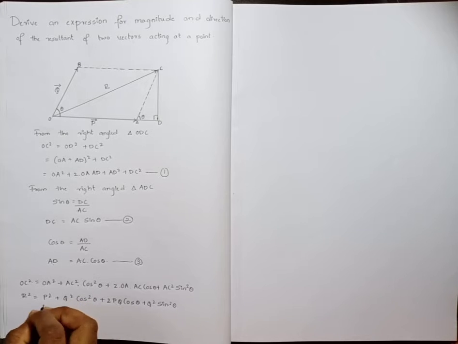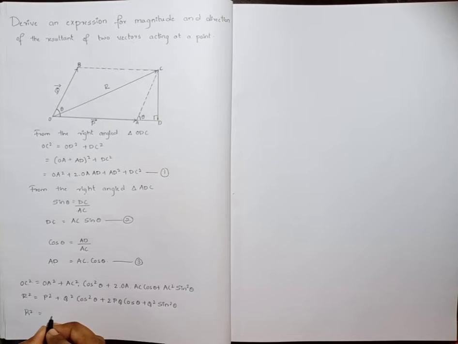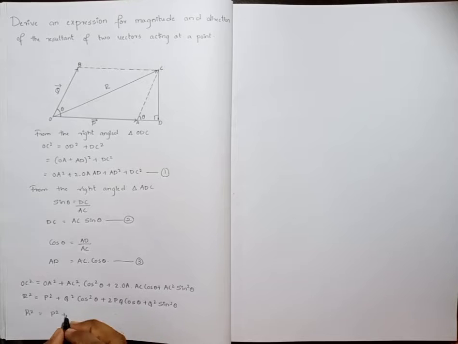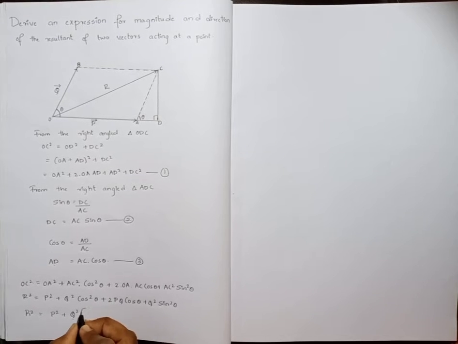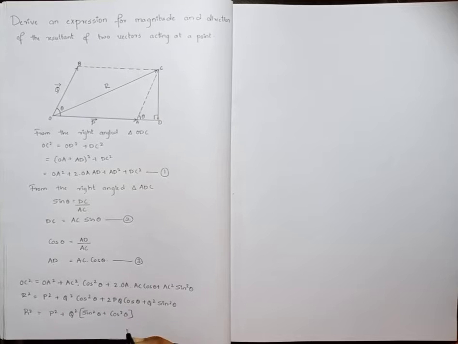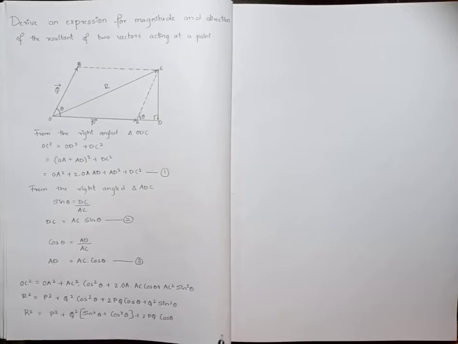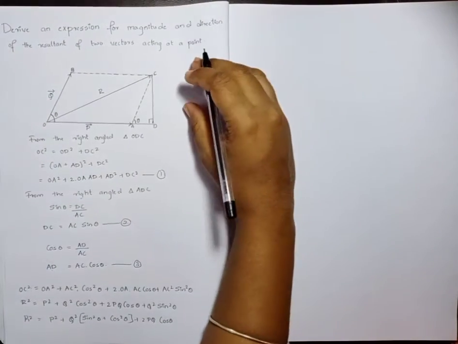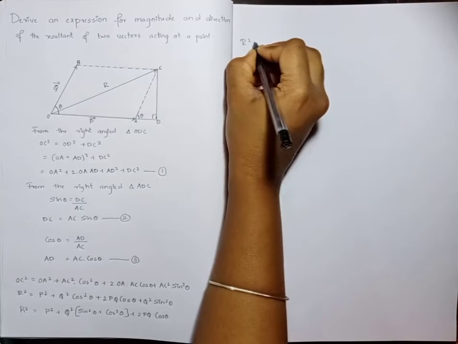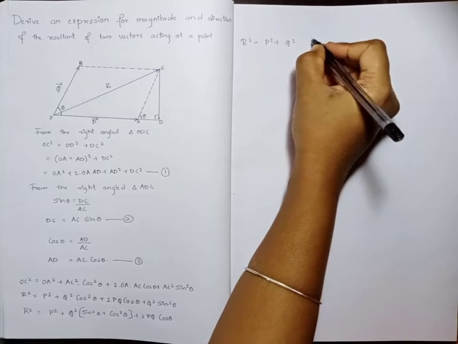Next, R square is equal to P square plus, see here, we'll take Q square common, Q square into sin square theta plus cos square theta, plus 2PQ cos theta. Again, R square is equal to P square plus Q square.